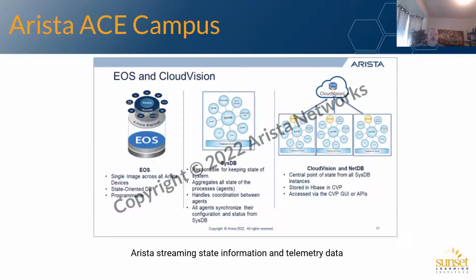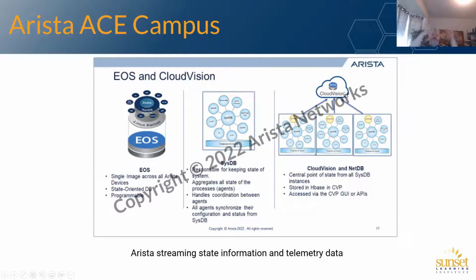So if there's a new route added to the routing table, or a new VLAN was created, but it's all kinds of things. It's not just VLANs and routes. Just about anything that might happen on the system gets sent up to CloudVision.